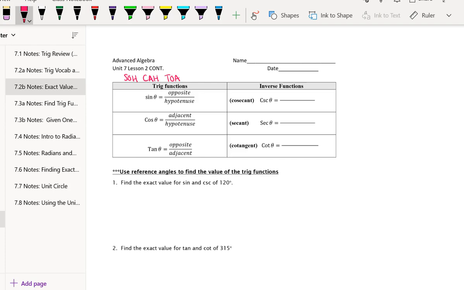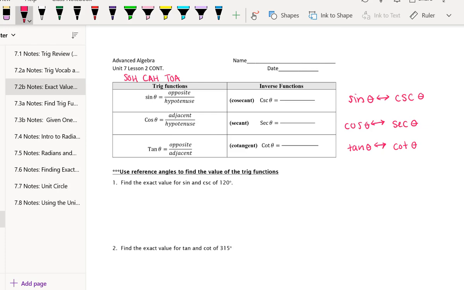So sine theta goes with cosecant of theta, whereas the cosine of theta is inverses with secant of theta, and cotangent, well, that's the easy one, right? Tangent of theta is inverse with cotangent of theta.